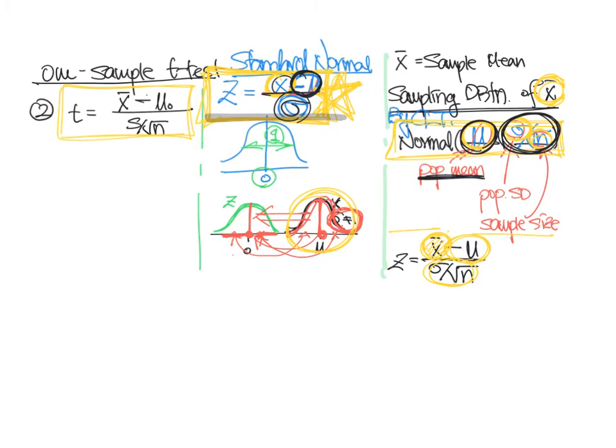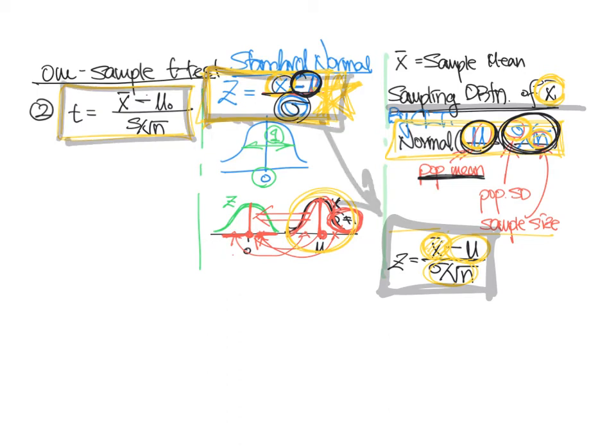Second, we discussed the sampling distribution of the sample mean. So now we standardize the sample mean exactly this way. Please compare this to the test statistic in the one-sample t-test. What's the difference?